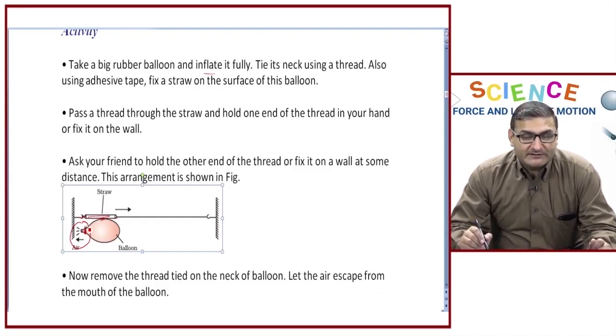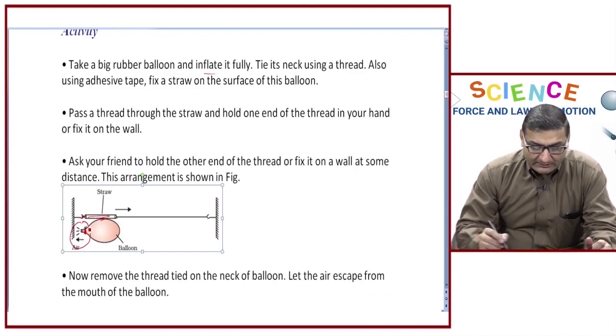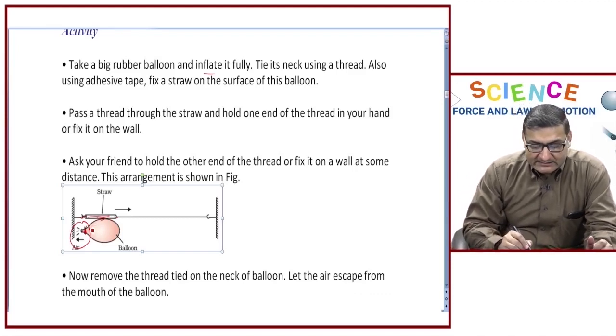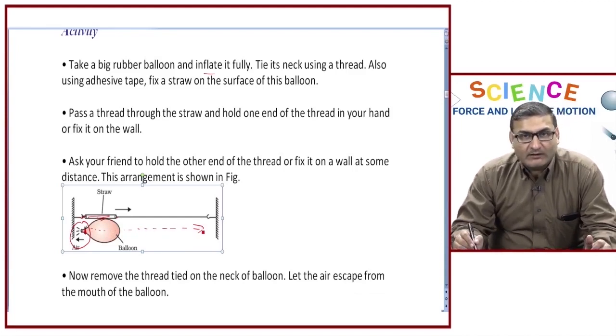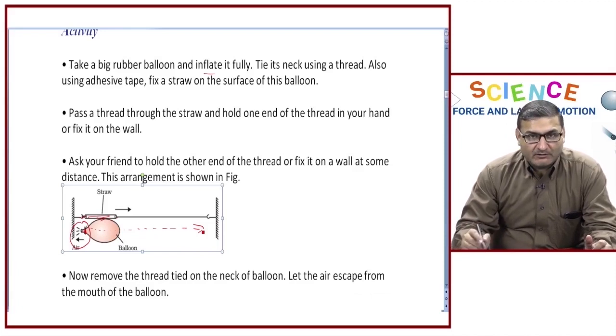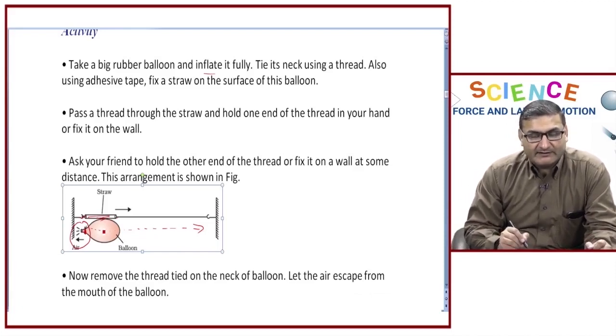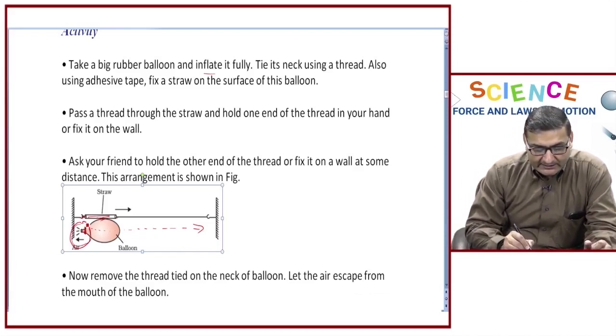It will be a very good observation. You will like it. It's fun. How? This balloon will just jump around, going backwards. Now, why does it happen? It happens because this balloon was inflated. It got air inside it.